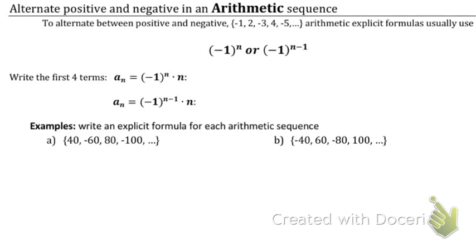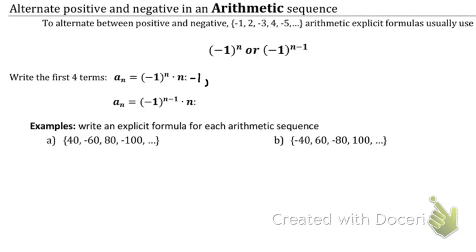Well, if I plug in a 1 for this n and a 1 for this n, I'm going to have -1 times 1, which would give me a -1. My next term would be plugging a 2 in. Well, if I plug a 2 in, our n is going to be 2. This n is going to be 2 as well. Well, -1 squared is a positive 1.